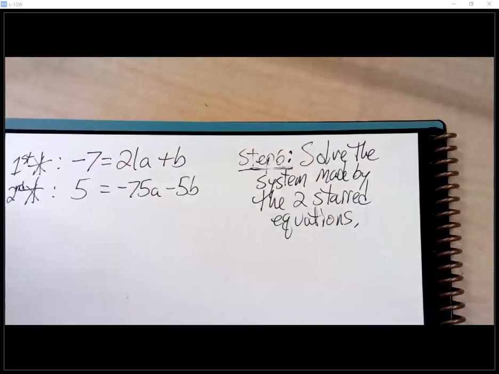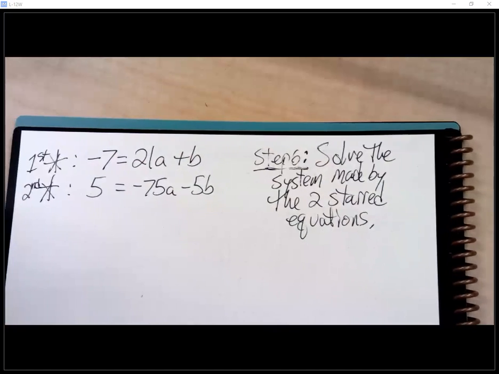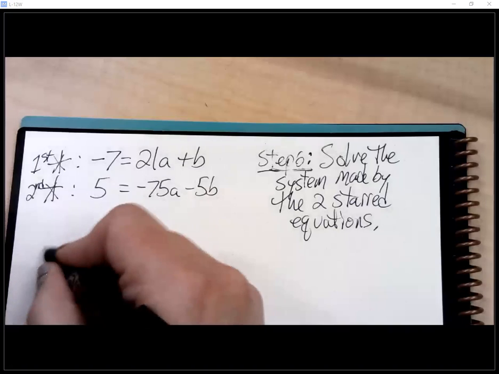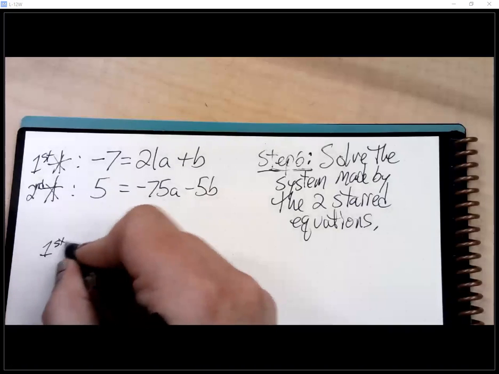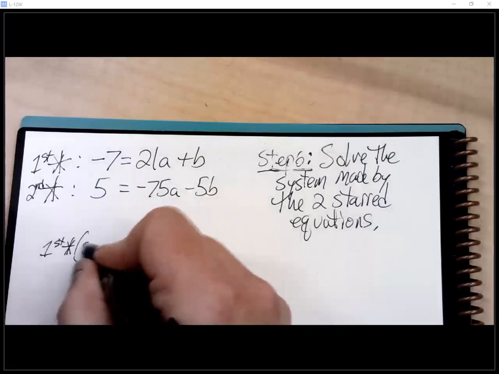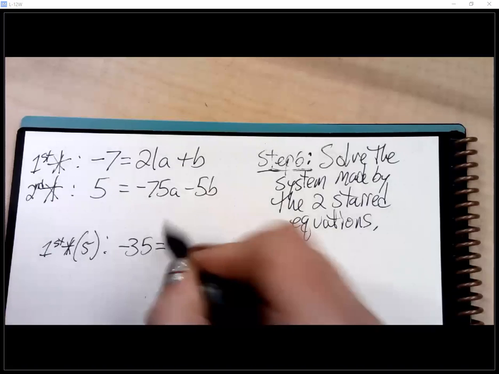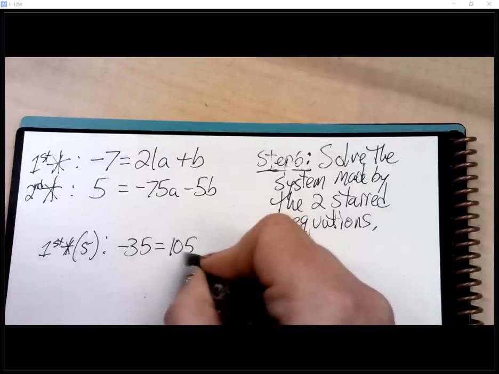Now I just have to solve this one. And it looks like you guys said, or I said and you agreed, take that top one and just times it by 5. Remember, everything gets multiplied by 5. So I'll do my first star times 5. And that's going to get me a -35, 105A plus 5B.